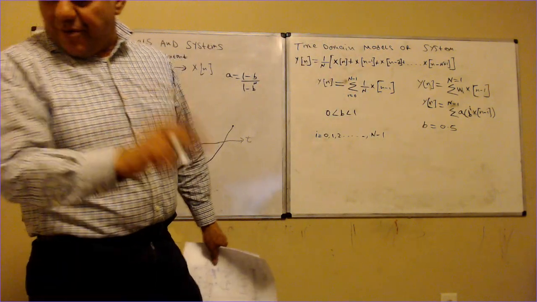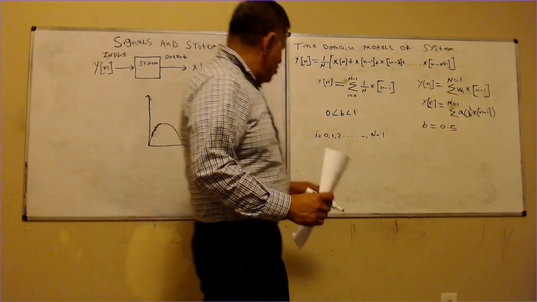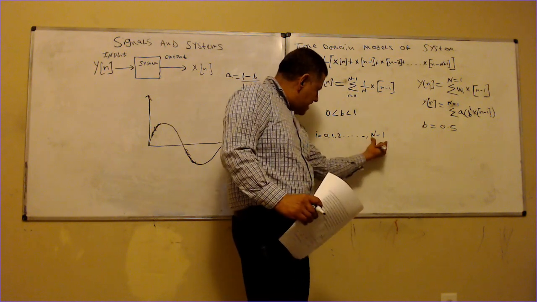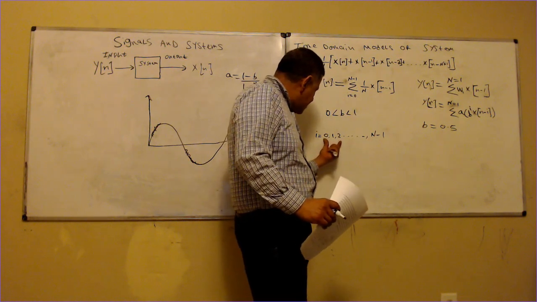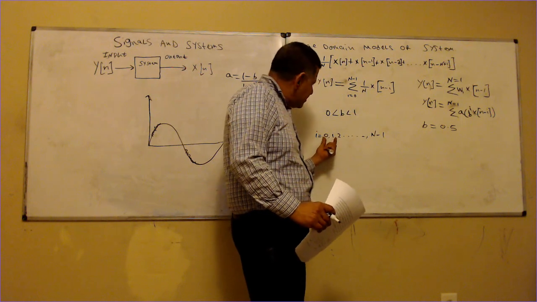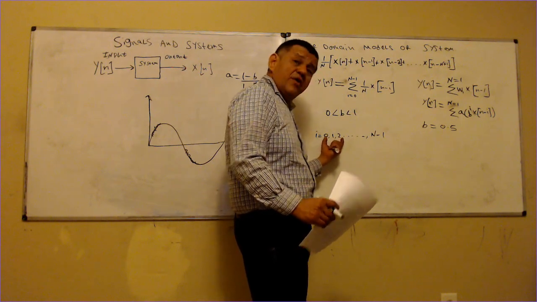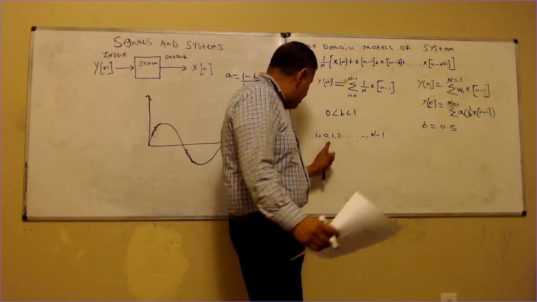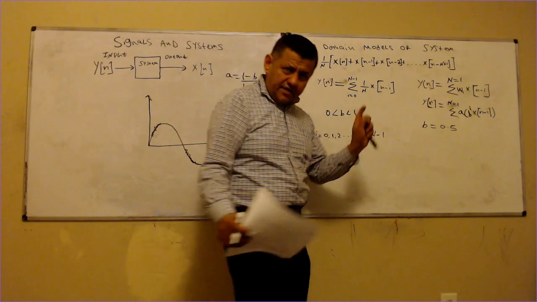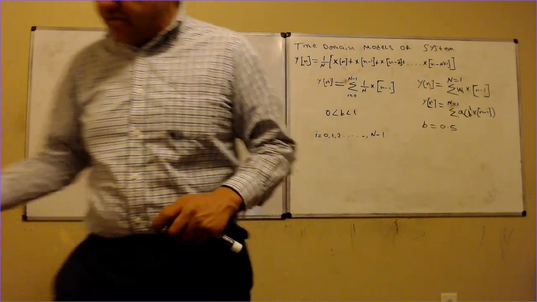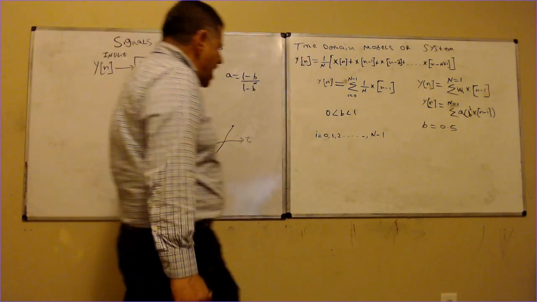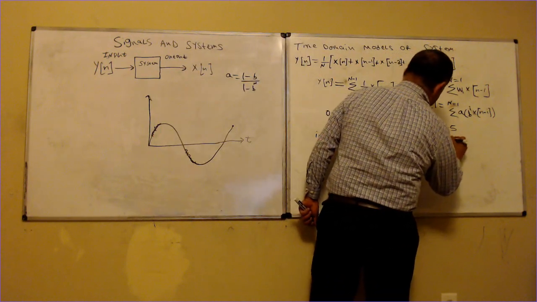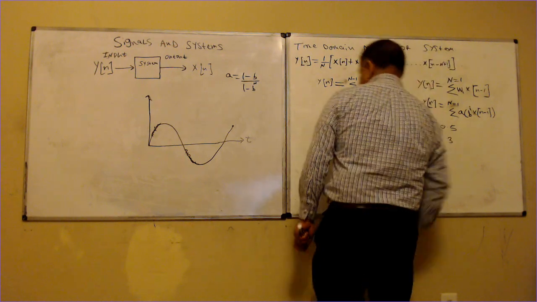I is an initial point, and n represents the interval in between, the events that happen, in this case how many times it happened. Well, it happened 0, 1, and 2, so in other words, it happened 3 times. So now we can assume that capital N, in this case, is equal to 3.